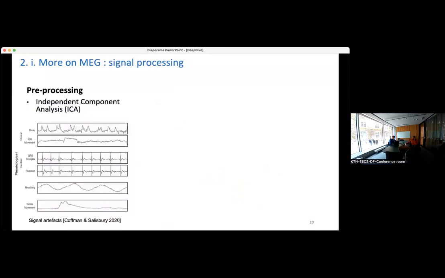Okay, so now I will go quickly through the different steps of processing the MEG signal. So to answer the question on why the signal exists, the neurons communicate through electric currents, generated by the movement of ions.